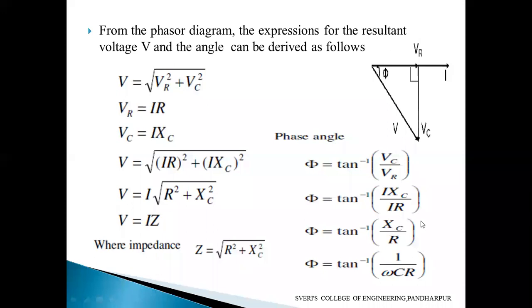XC equal to 1 upon omega C, and R you have as it is. From this equation, cos phi equal to VR by V. So the power equation of the triangle we have written here now. That's it.